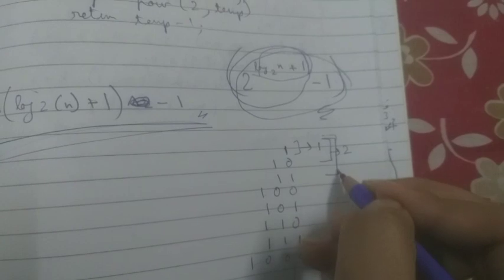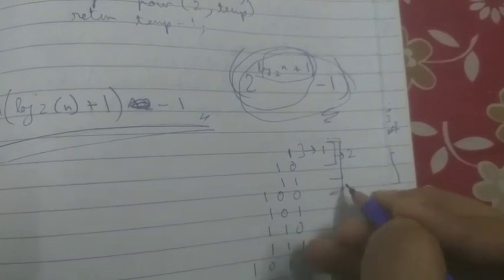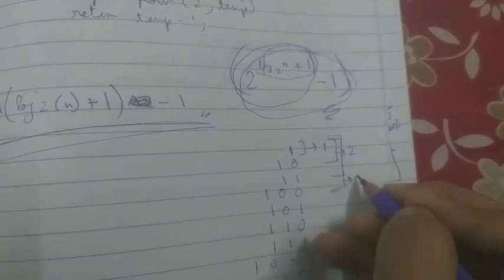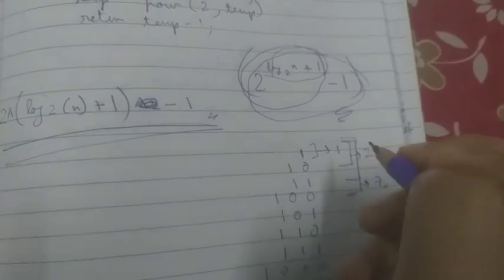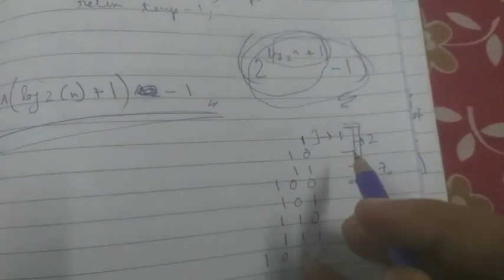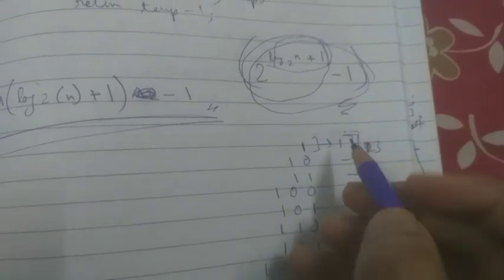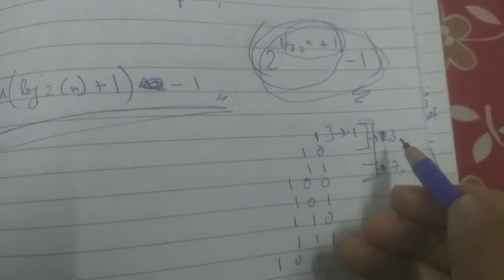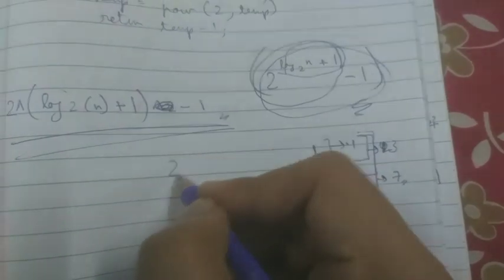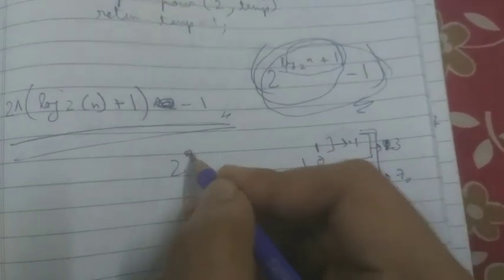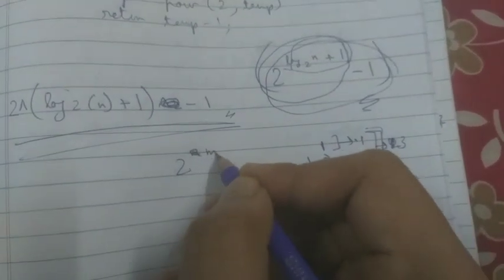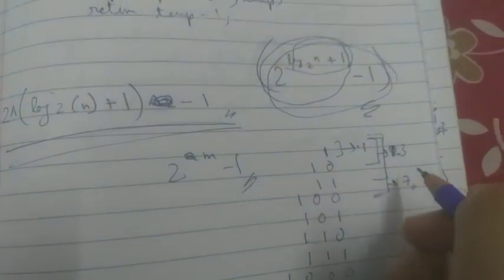But when we go to the first 4, it becomes 7. So the answer is always either 1 or 3 or 7, that is, of the pattern 2 to the power m minus 1.